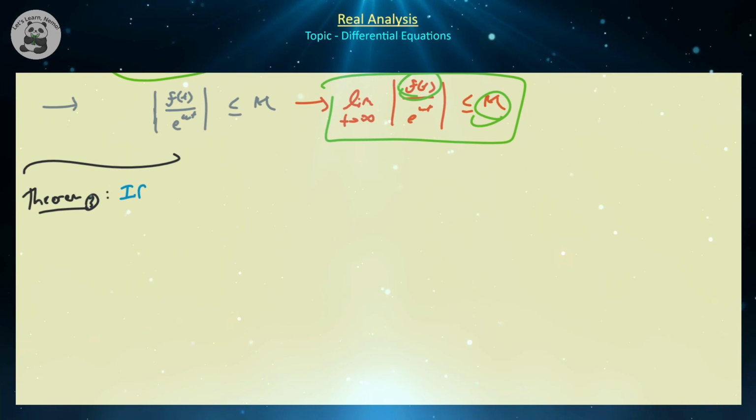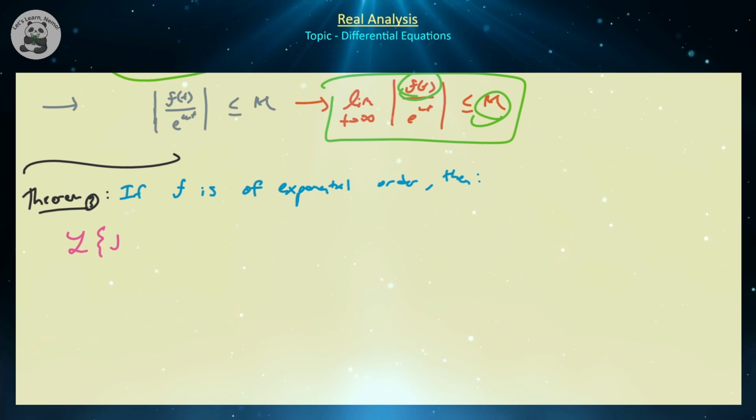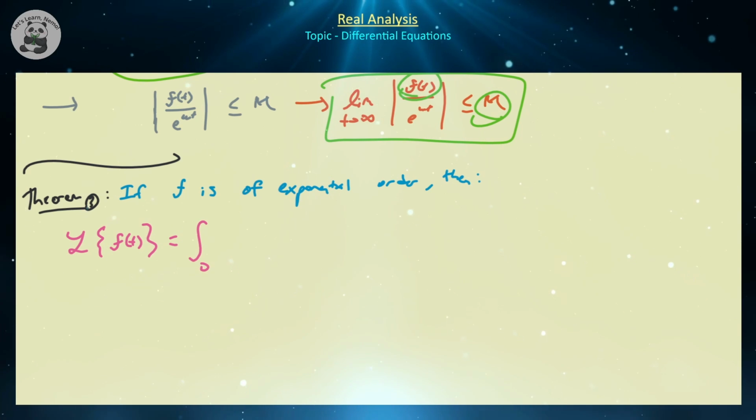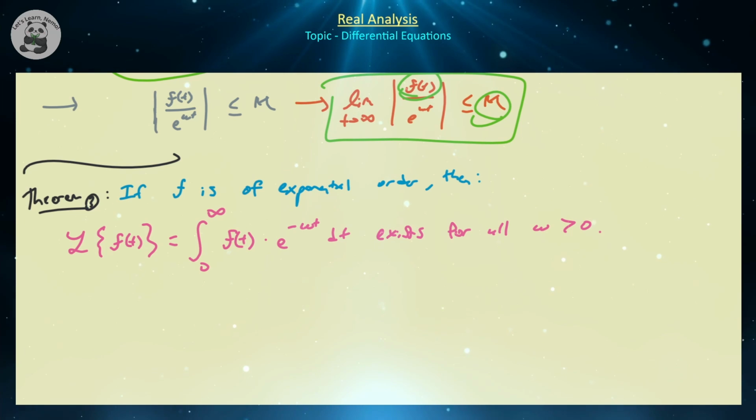So if f is of exponential order, then this transform, which I'm going to represent as fancy L of f of t, which is an integral transform, the integral from 0 to infinity of f of t times e to the minus omega t dt, exists for all omega greater than 0.